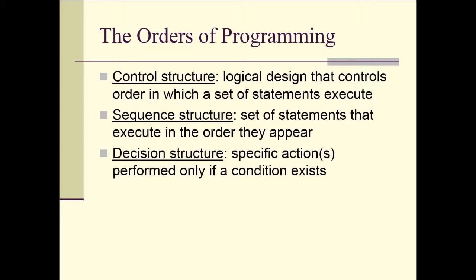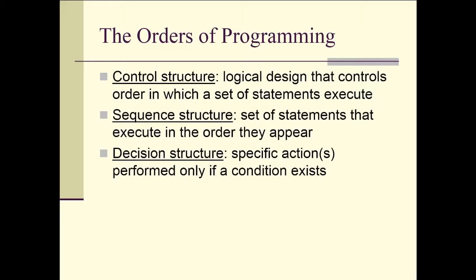Control structure gives us the capability of writing, say, 5 or 10 lines of code, or maybe 100 lines of code, and setting it aside, and then we can go back to it. So it's a logical design. We can go back and run those same lines of code over and over again without having to rewrite them into the sequence.